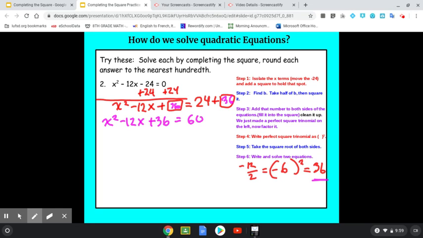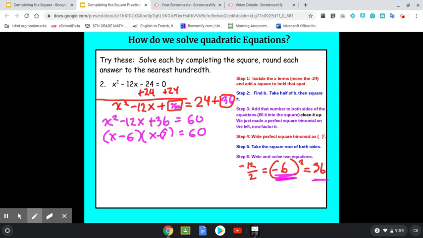Okay. Now we just made a perfect square trinomial on the left and we're going to factor it. If you want to pause the video and factor it, that's fine using your trinomial grouping method. But just remember the shortcut is just going to be x minus 6, x minus 6. Why do I know that? Because we purposely made it like that. This is the number over here, that negative 6 going in both of our factors.